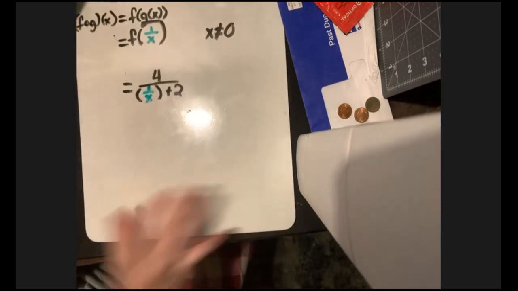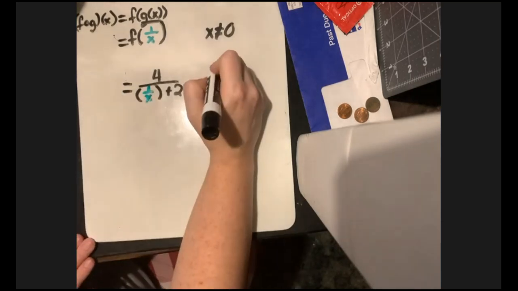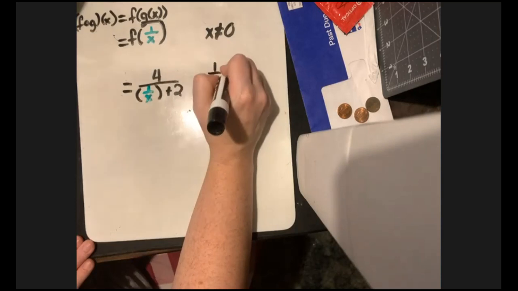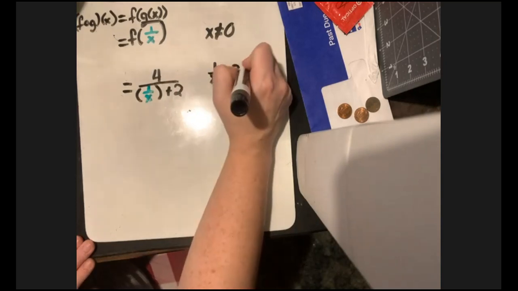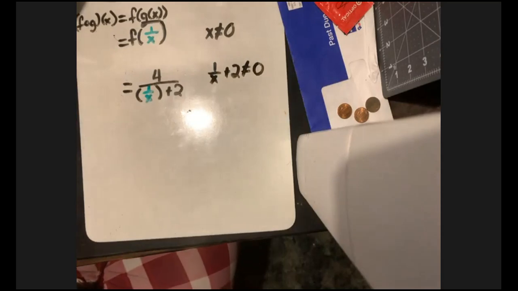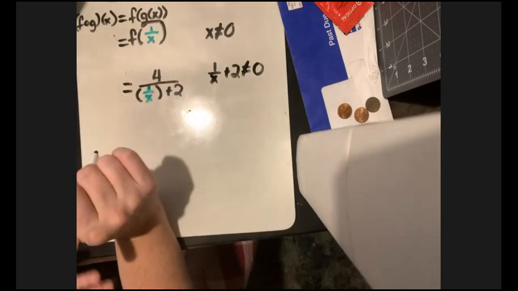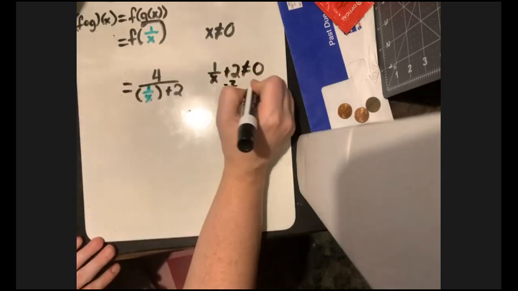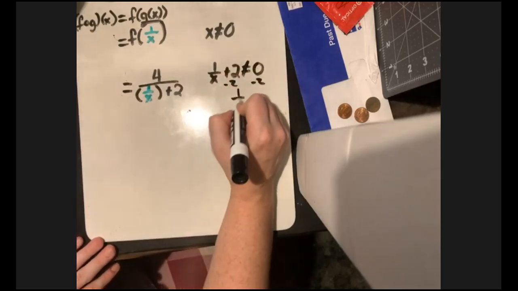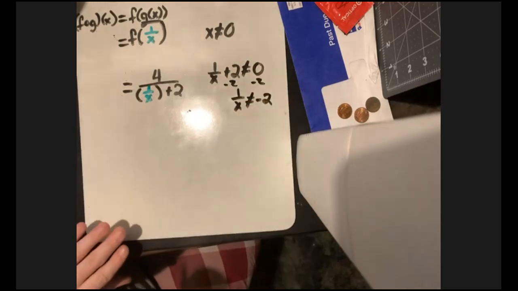Now, in looking at this, I now have a new piece down here that's also in the bottom of a fraction. So now I need to make sure that 1 over x plus 2 does not equal 0. So I need to hash out what that is going to be. I'm going to subtract 2. So I've got 1 over x cannot be negative 2.